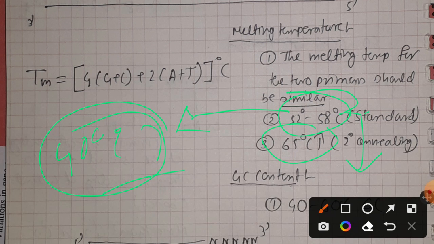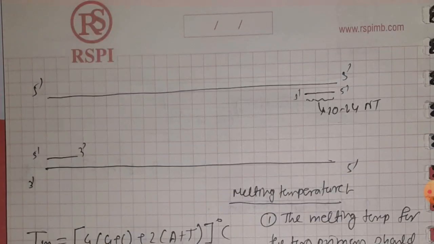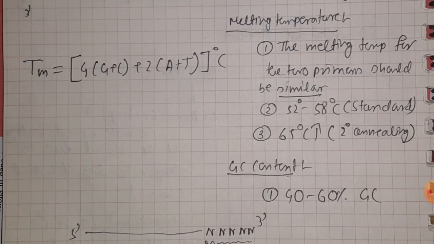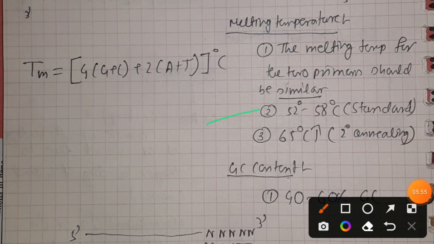Similarly, if we use a very low melting temperature, let's say 30 to 40, then it will promote mismatch hybridization. That means the primer can anneal with any sequence except the desired one. Okay, and that is not preferable, right? That is why we take 52 to 58 degrees centigrade as the range.